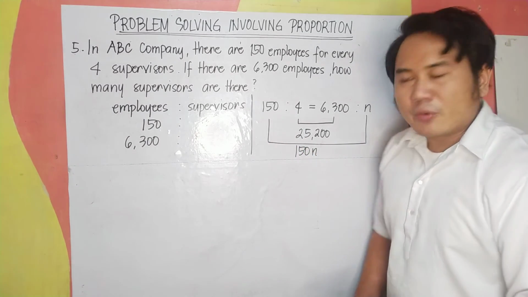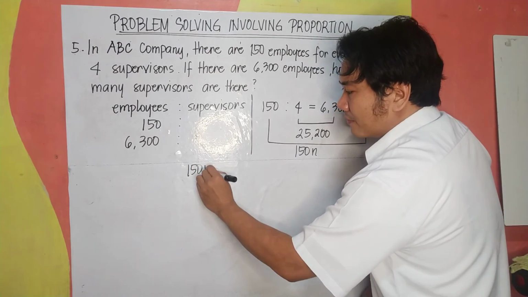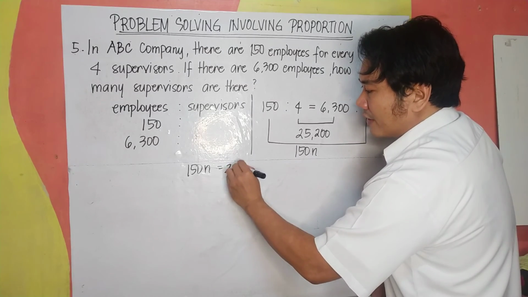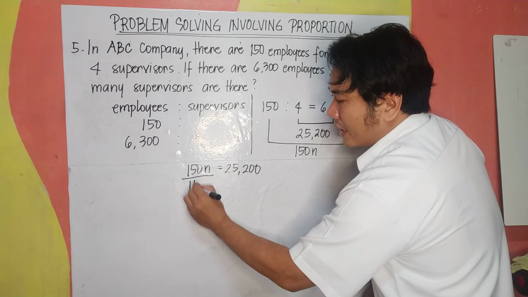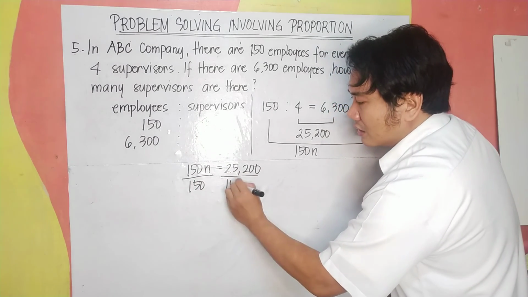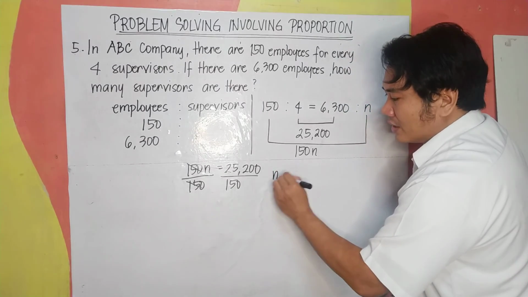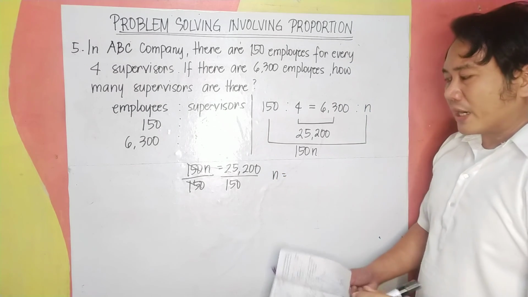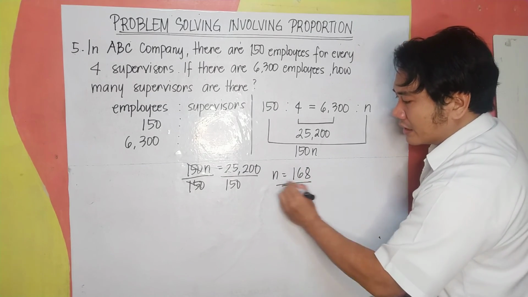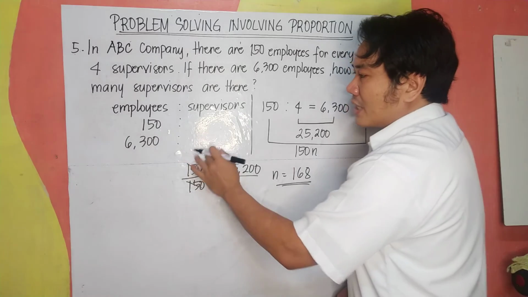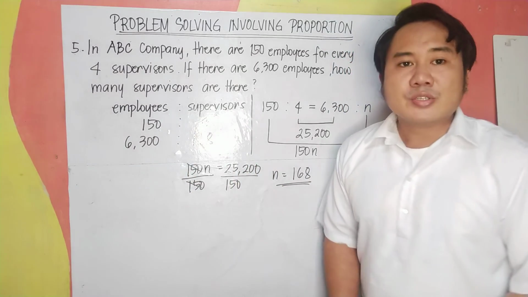Solve for n by equating the two. 150n equals 25,200. Divide both sides by 150 para makancel yon. So, n is equal to 25,200 divided by 150 is equal to 168. For 6,300 employees, there are 168 supervisors.